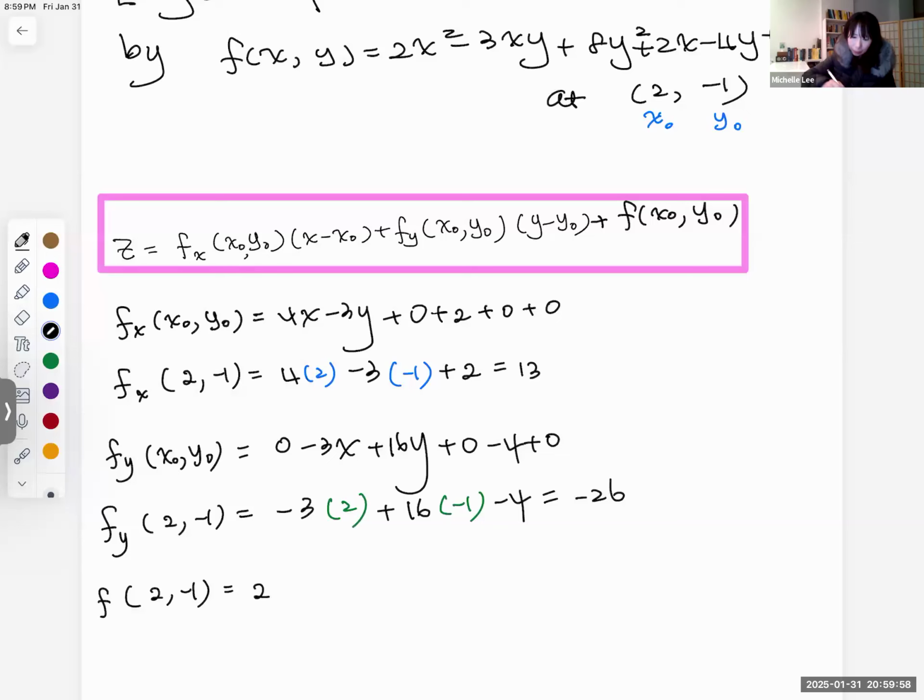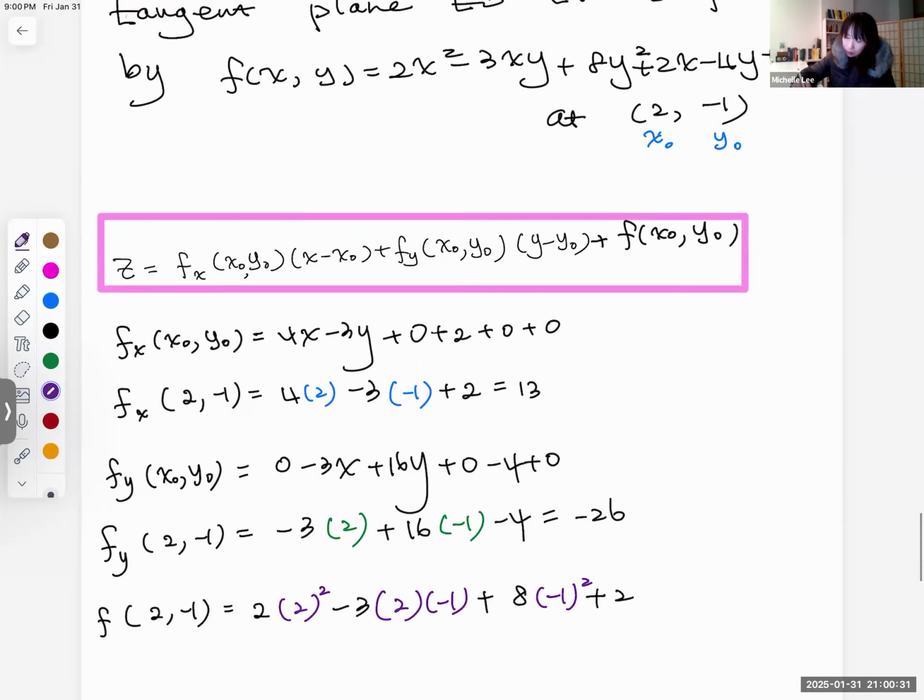So 2 squared minus 3 times 2 times negative 1, plus 8 times negative 1 squared, plus 2 times 2, minus 4 times negative 1, plus 4.